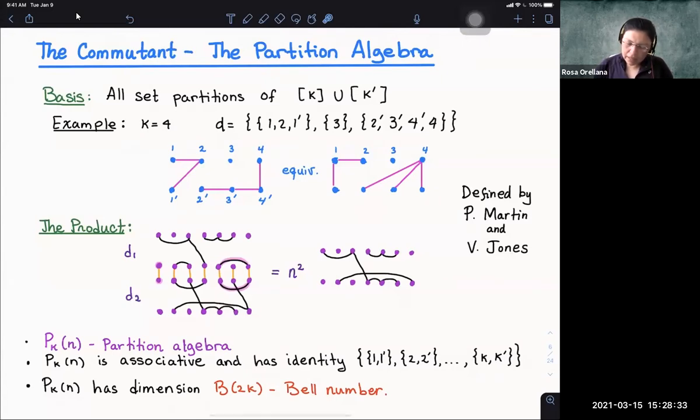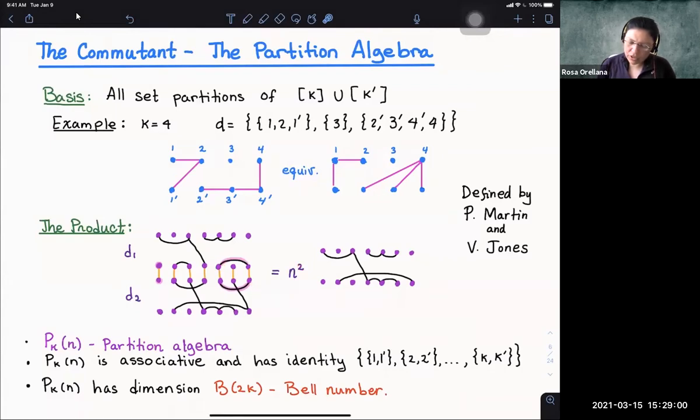Then you look at this and ask yourself, how many blocks in the middle? The middle blocks are important. You see there are 2 pieces that are only in the middle, so this graph has 2 floating middles right here. You encode this as n squared, so n to the number of middle floatings.